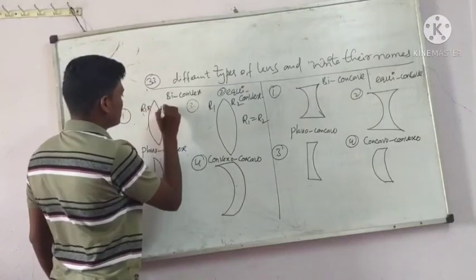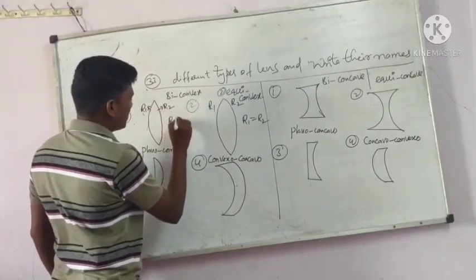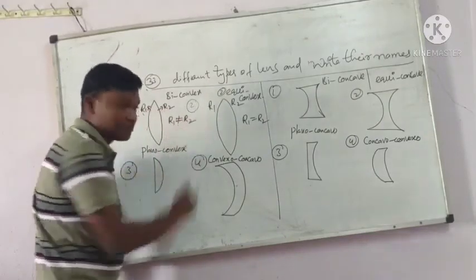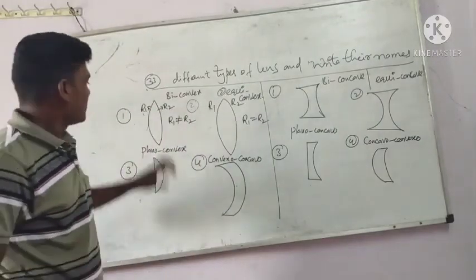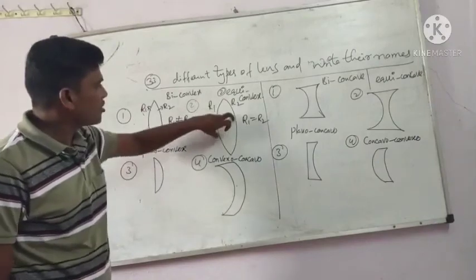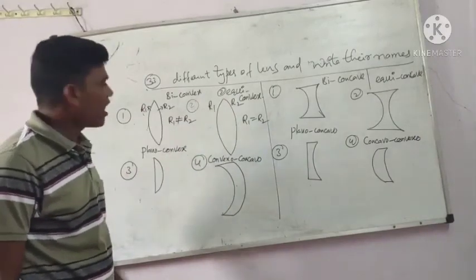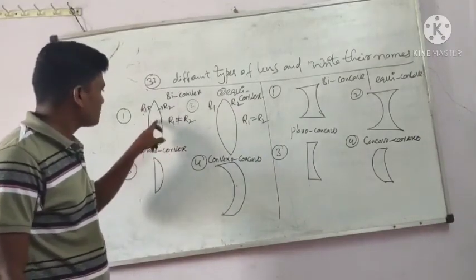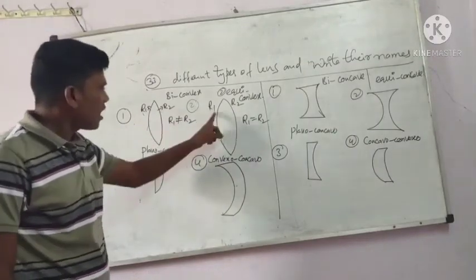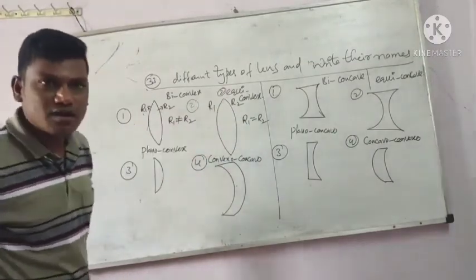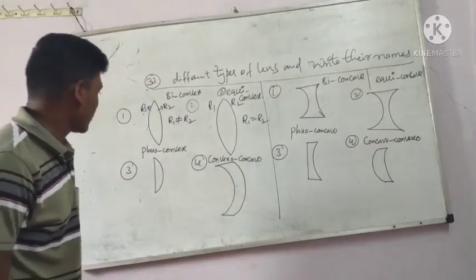Where R1 is not equal to R2, we call it biconvex. Here there are two radii of curvature of convex shape. So in this one, R1 not equal to R2 is biconvex, and R1 equal to R2 is called equiconvex.